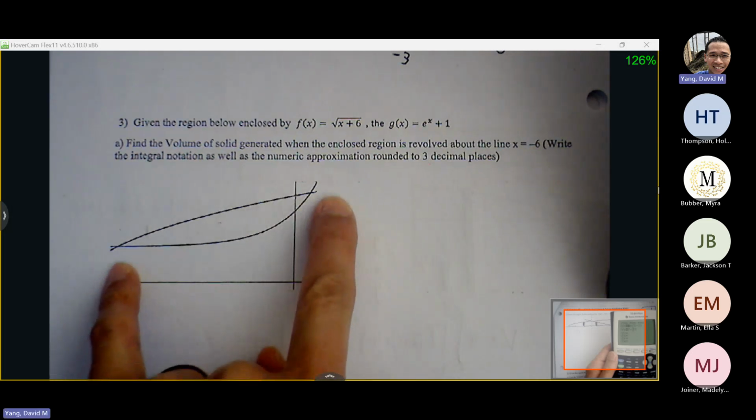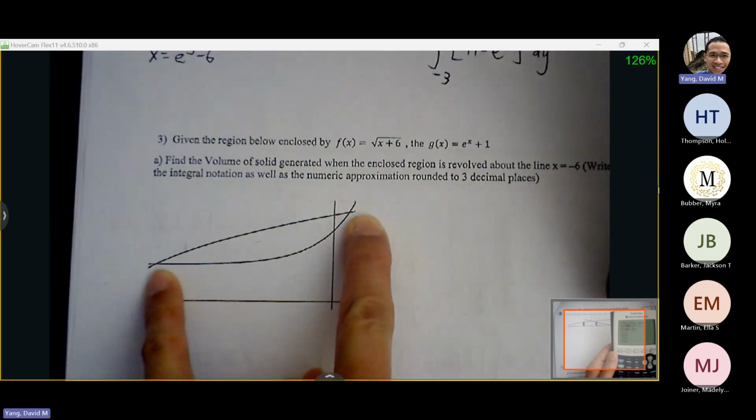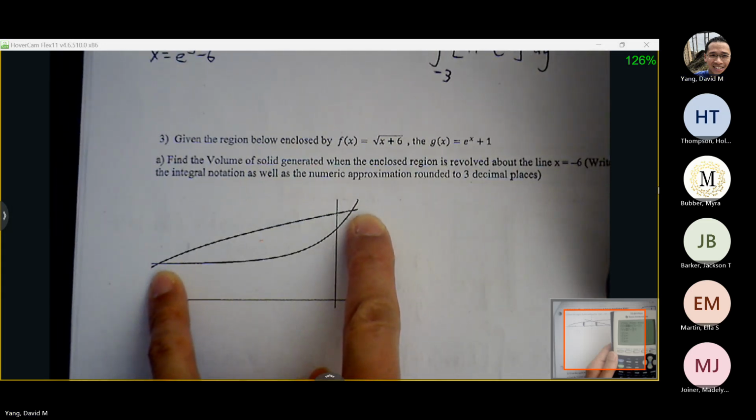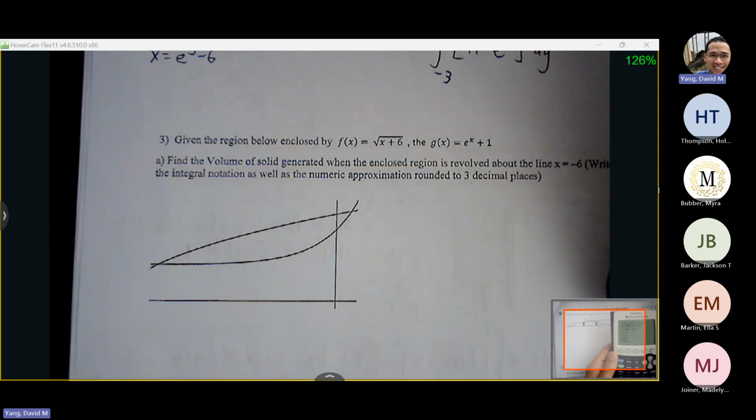Let's graph both these functions, find those intersections. But x equals -6, it's probably going to be somewhere over here.